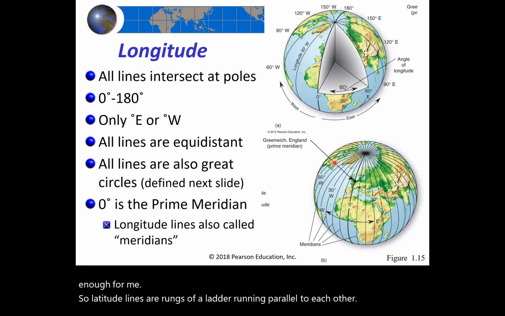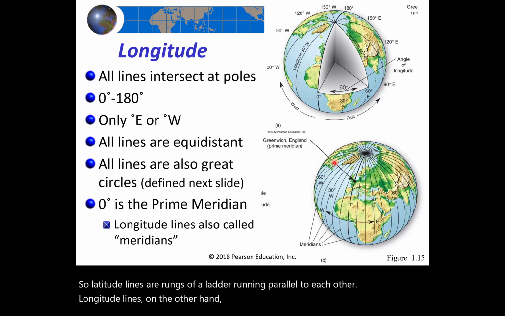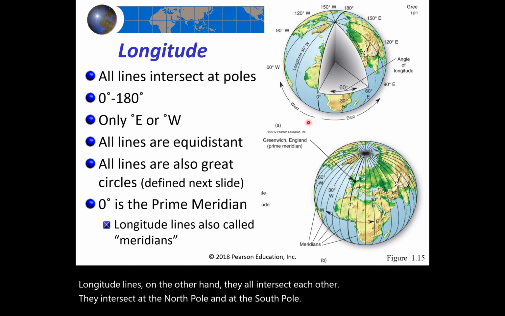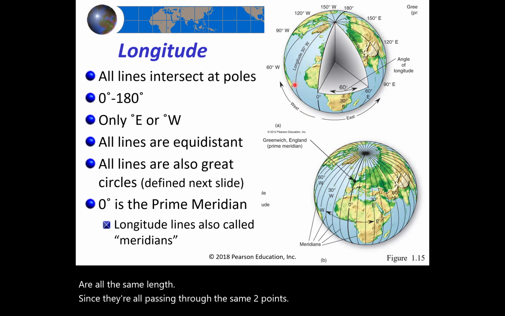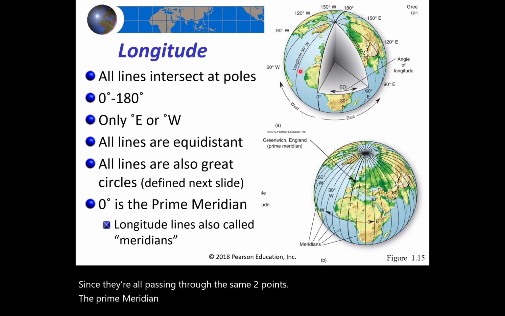Longitude lines, on the other hand, all intersect each other. They intersect at the North Pole and at the South Pole. They are all the same length since they're all passing through the same 2 points. The prime meridian is the 0 degree line for longitude lines.